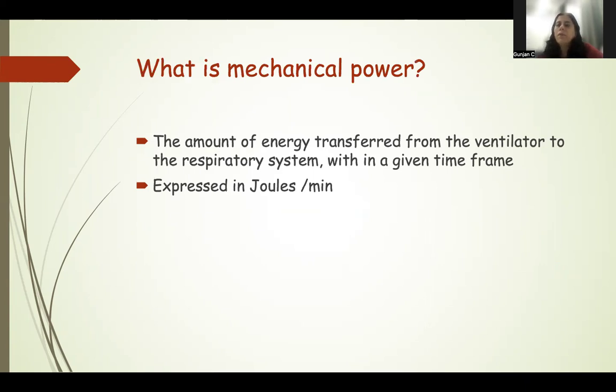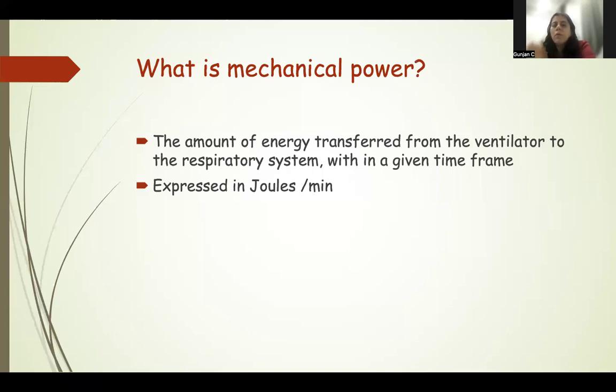The mechanical power is the energy which is transferred from the ventilator to the respiratory system within a time frame. So there are two things. It is the energy which is going from the ventilator, or the mechanical energy in the ventilator, that is used to push the air into the respiratory system so that the respiratory system inflates, or there is some amount of strain which is happening in the respiratory system within a given time frame.